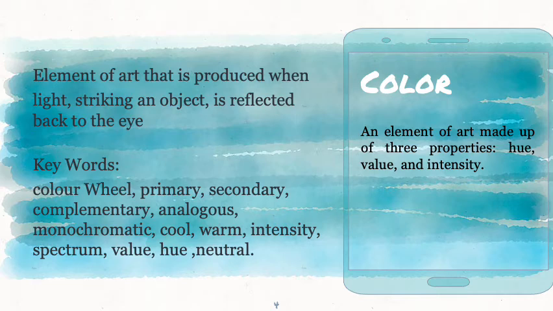Okay, so the value will pave the way to our next element of art, which is color. So how do we see color? What do we need in order to see color? Of course, the light source.